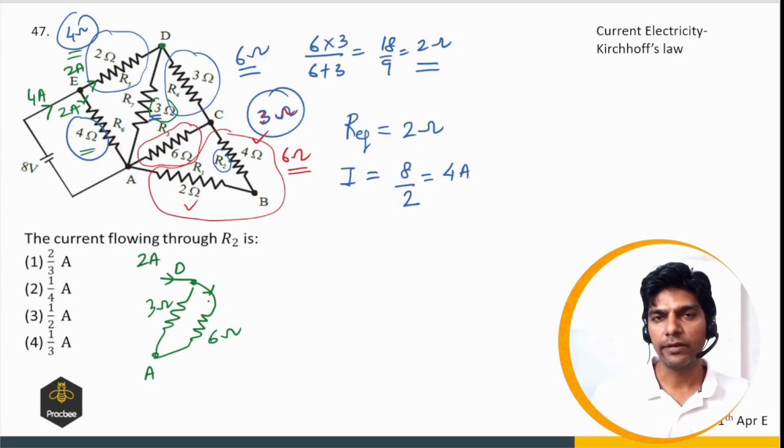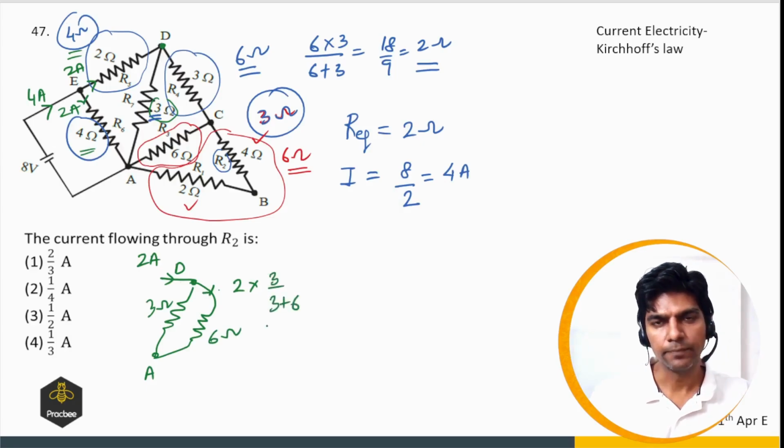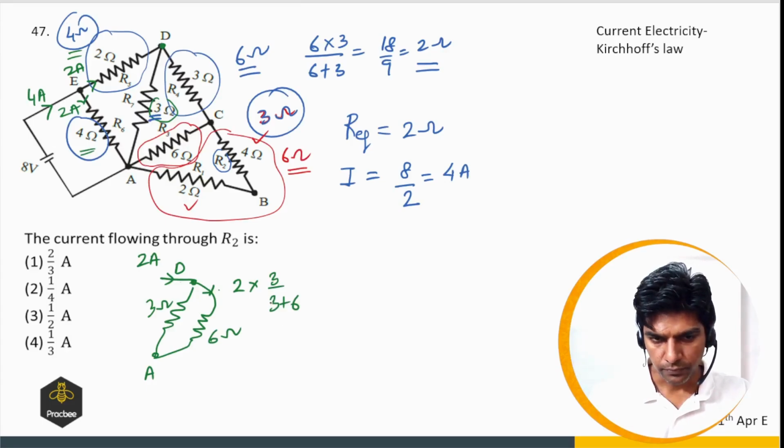Since these two resistors are in parallel, the branch which will be having less resistance will be having more current. So we can say this current will be 2 times 3 divided by 3 plus 6, right? So I have divided the current in the inverse ratio of the resistance. So it comes out to be 3 by 9, so 1 by 3, so it will be 2 by 3 ampere.